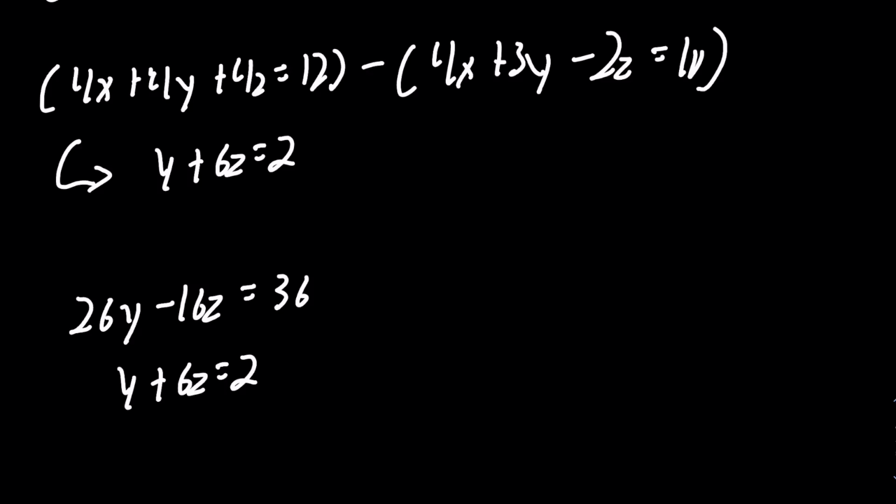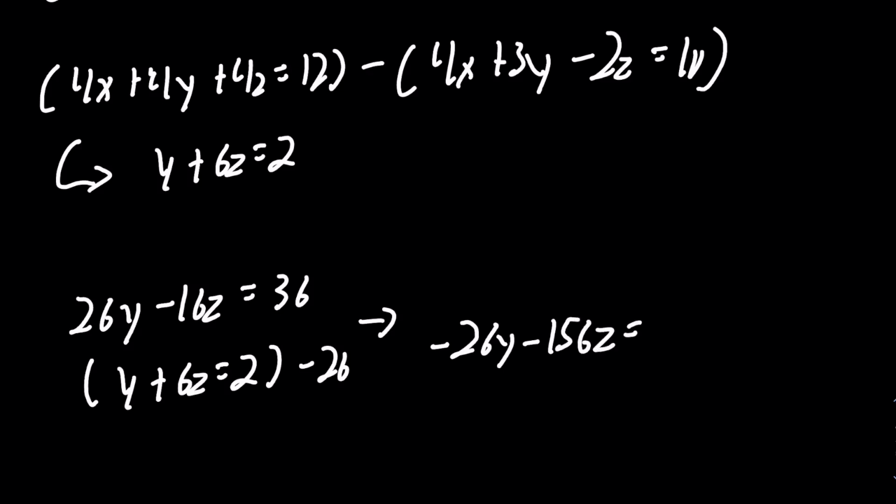In this case, I'm going to multiply the bottom equation by negative 26. As a result, we get negative 26y, and negative 26 times 6 becomes negative 156z, which is equal to negative 52.